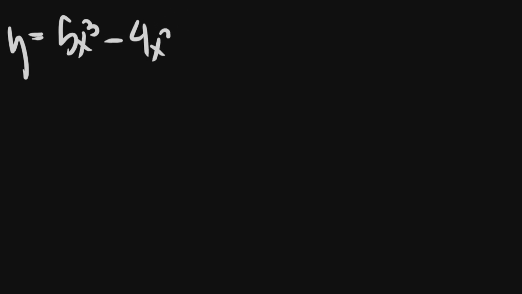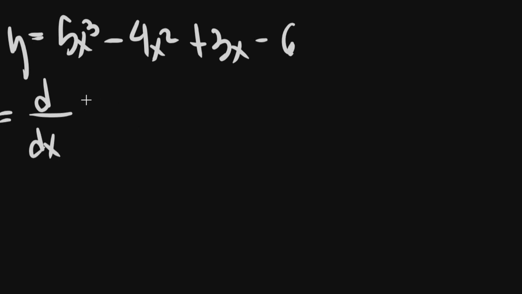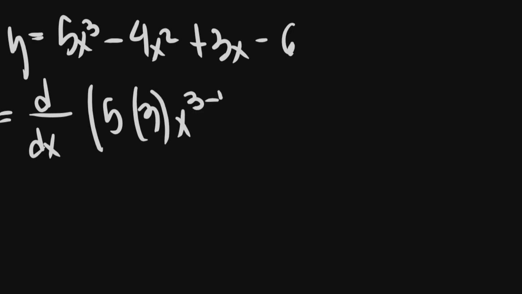Find the dy/dx of y = 5x cubed minus 4x squared plus 3x minus 6. So d over dx, we have 5 here, then the exponent is 3, so 3x raised to 3 minus 1, minus 4.